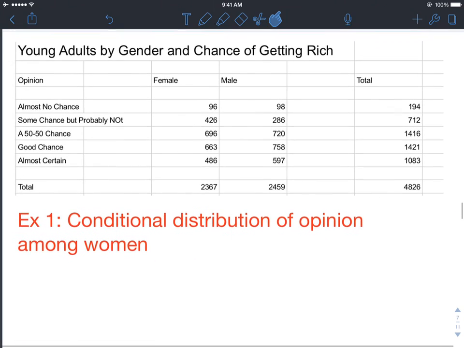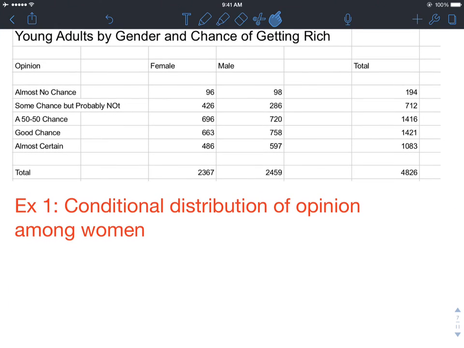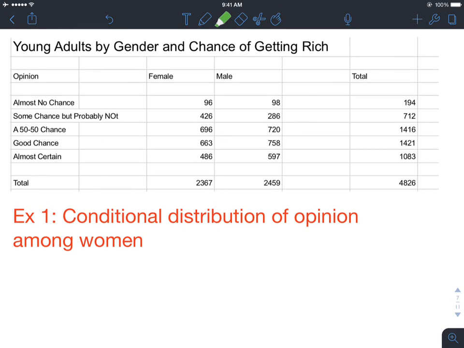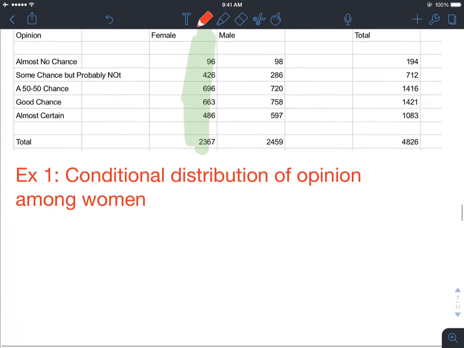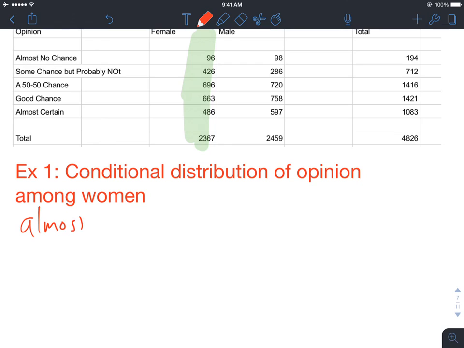So if we look at the conditional distribution of opinion among women, what we are doing is just focusing on this category. We want nothing else but that category right there. So almost no chance equals 96 divided by 2,367.